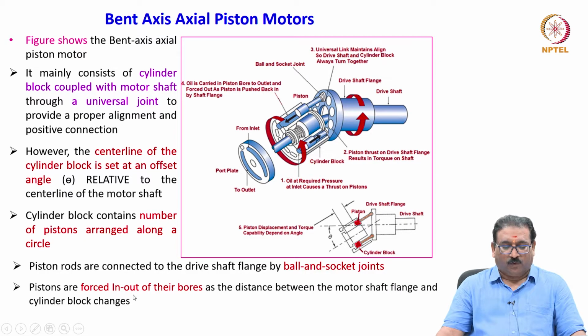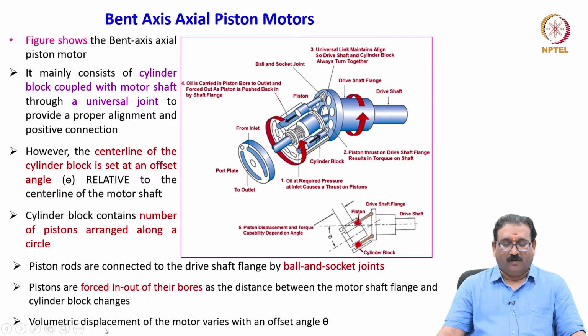Pistons are forced in and out of their bores as the distance between the motor shaft flange and the cylinder block changes. Volumetric displacement of the motor varies with an offset angle theta. You will see here there is an offset angle between the cylinder block and the motor shaft.